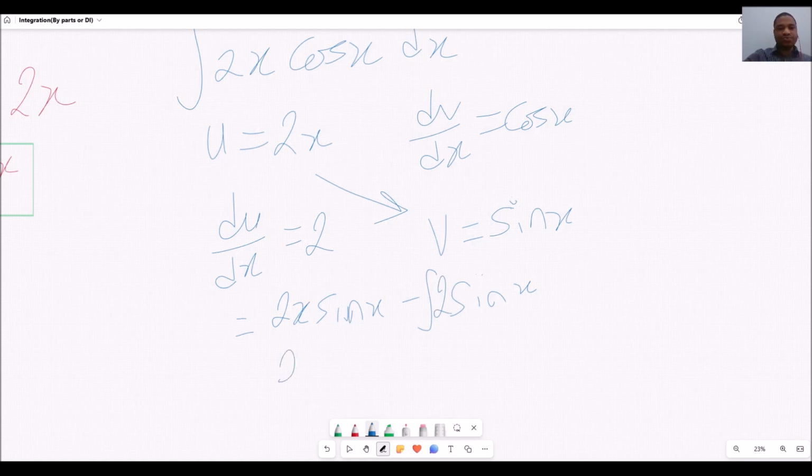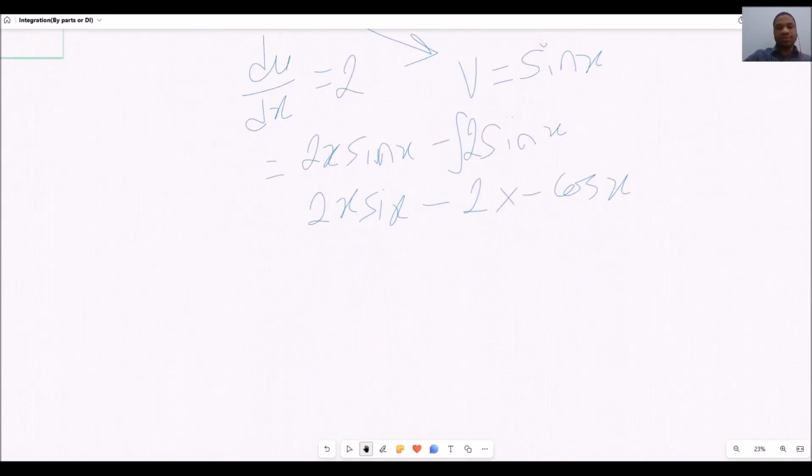This will give me 2x sin x minus, now if I integrate 2 sin x, 2 is a constant, this will give me times minus cos x. So that gives me 2x sin x plus 2 cos x. So this is what I get.